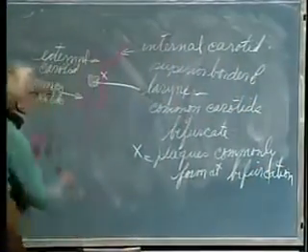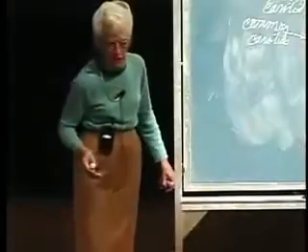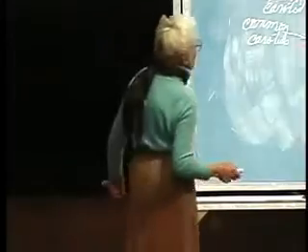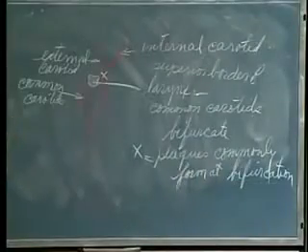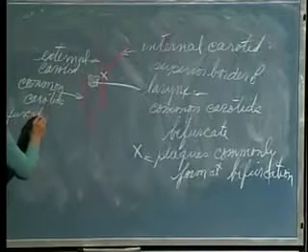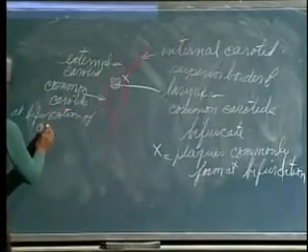In the carotid, this area is important because we have two sensors here. We have a carotid body. Again, this is at the bifurcation of common carotid.